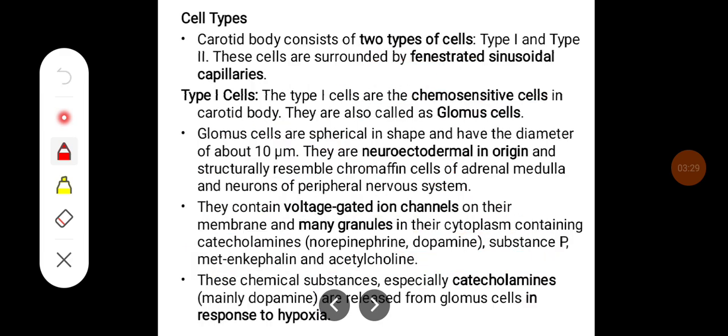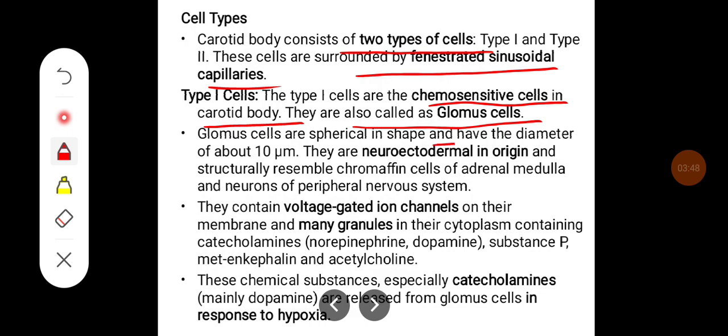Cell types. Carotid bodies consist of two types of cells, type 1 and type 2. These are surrounded by fenestrated sinusoidal capillaries. Type 1 cells are chemosensitive cells in carotid body. They are also called glomus cells. Glomus cells are spherical in shape and have a diameter of about 10 micrometers.